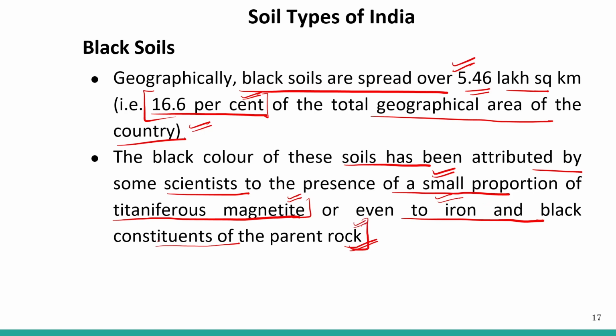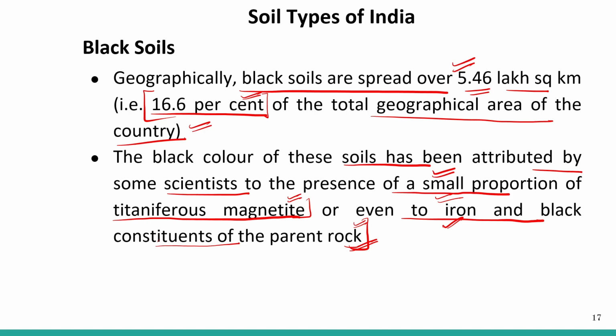So they are found from the parent rock, and their parent rock is black in color. They also contain iron. Due to the presence of iron and black constituents of the parent rock, these soils are black colored.